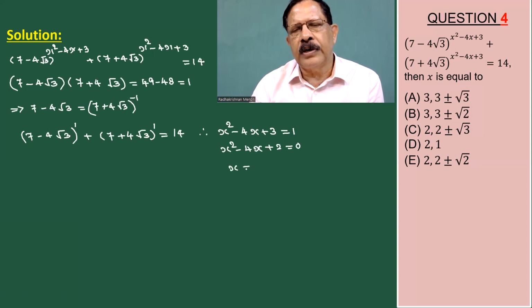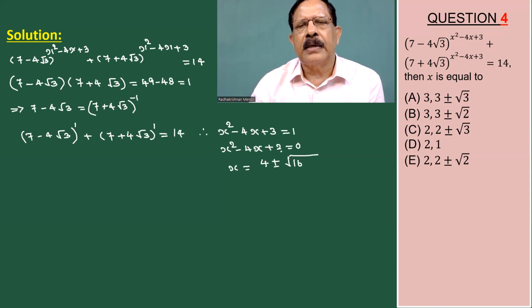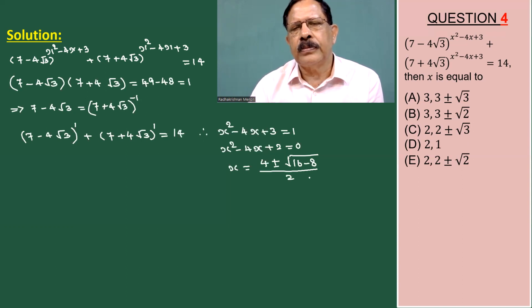So x is equal to minus b plus or minus root of b squared minus 4ac over 2a. 16 minus 8, it is 3, no? Yeah. So 16 minus 8 divided by 2.